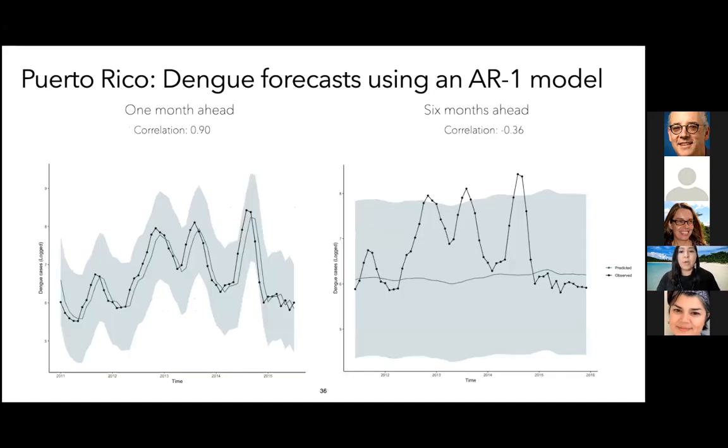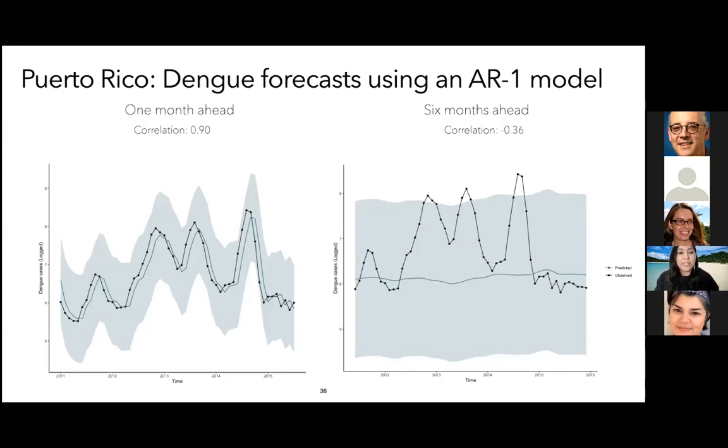And I'm not going to talk too much about the month-to-month forecast that we did, but just to give you an idea of what some of these results look like. This is some of the dengue forecasts from using an AR1 model. So just using a model that incorporates dengue cases from the previous month, and doing forecasts for 1 month ahead and 6 months ahead.